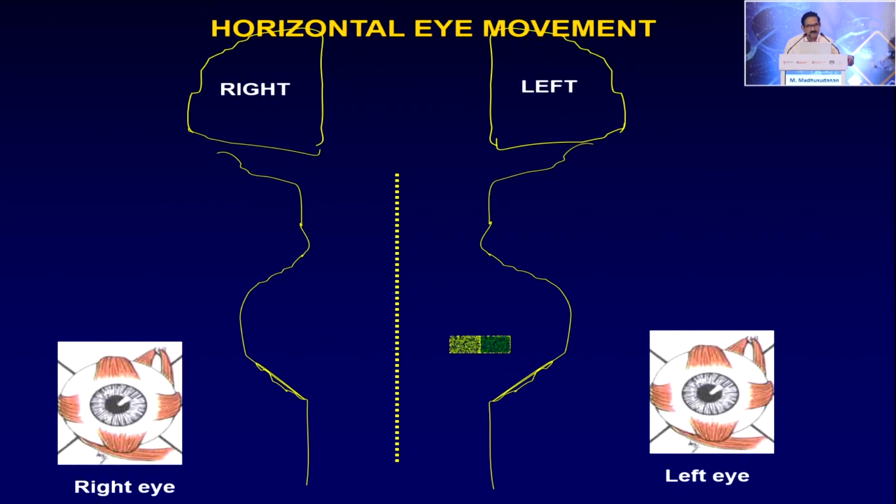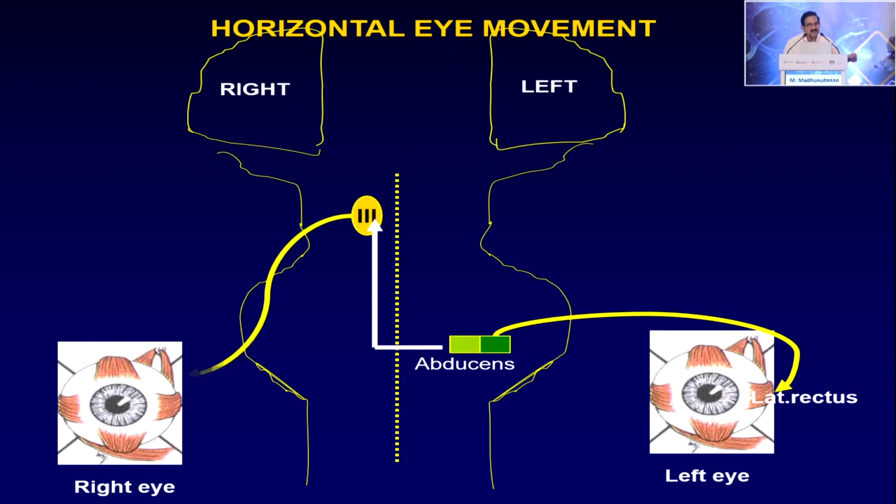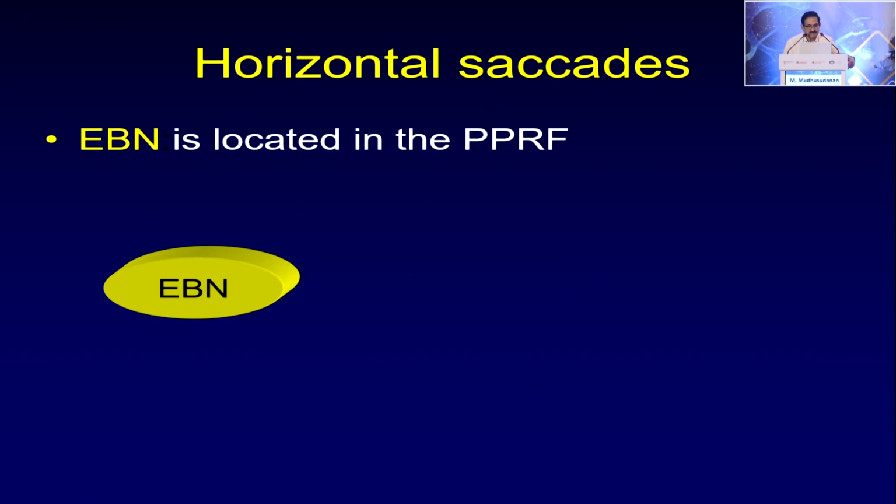As you all know, Dr. Sharma has already told you about the abducens nuclear complex, which supplies the ipsilateral abducens, the lateral rectus. And the abducens interneurons cross to the opposite side and ascend in the MLF to supply the third nerve subnucleus on the opposite side, producing gaze deviation to the same side. This is the excitatory burst neuron, which is situated in the PPRF and activates the abducens nucleus.